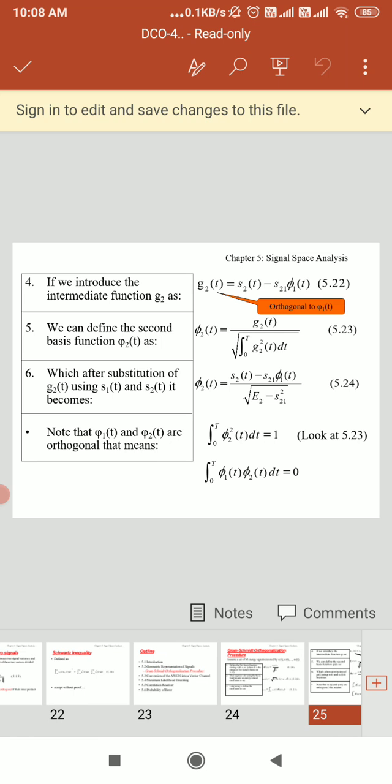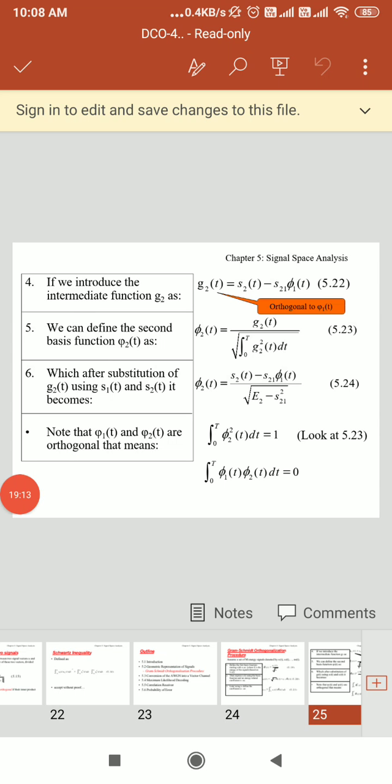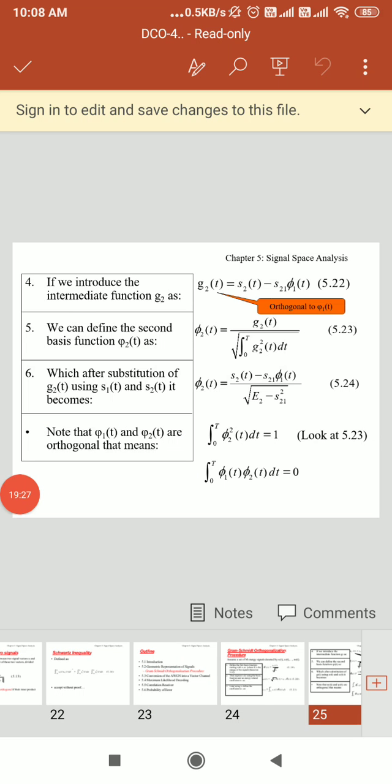Now our equation for the second basis function becomes, as in equation 5.24, phi 2(t) equal to S2(t) minus S21 phi 1(t), upon the square root of E2 minus S21 squared. Here phi 1(t) and phi 2(t) are orthogonal.